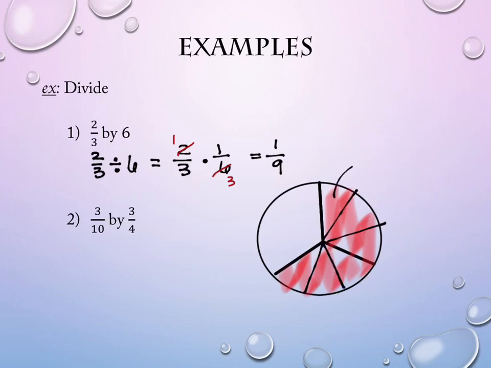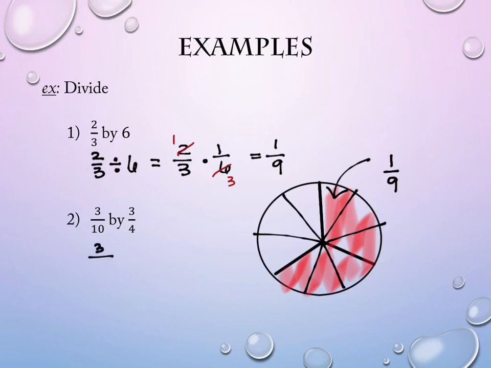The size of the pieces becomes 1/9 of the size of the whole pie. If it's hard to picture, you could divide the other third into 3 pieces as well to count it. There are 9 pieces now, 1/9 of it. That's what's happening when we're dividing here.